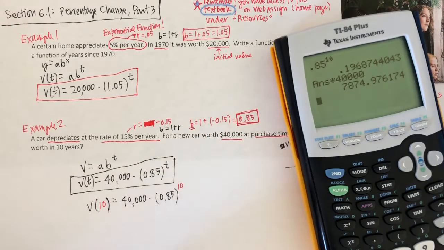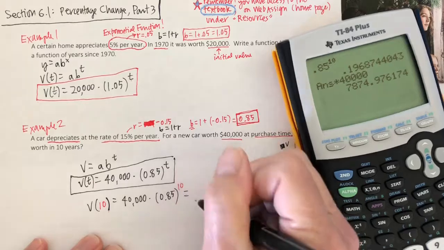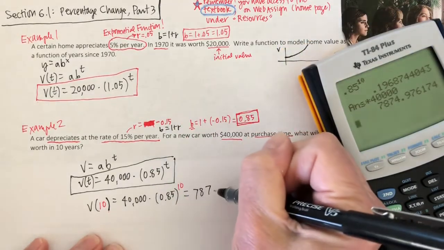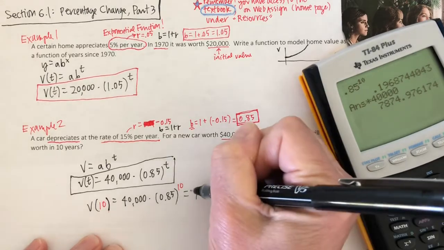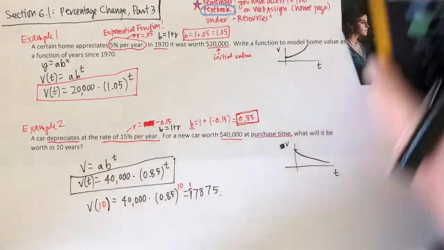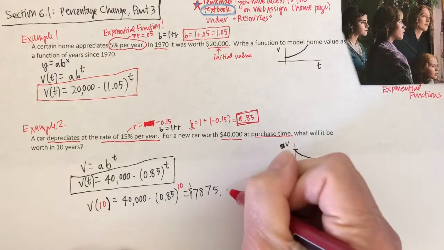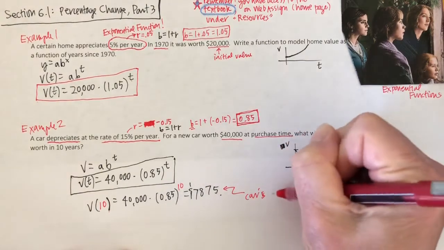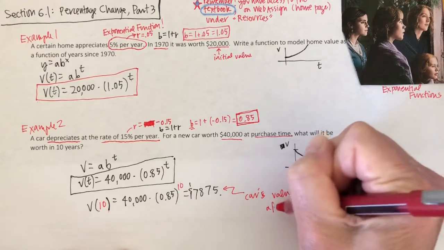Okay, so after 10 years, the car is only worth 7,875. We'll round to the nearest dollar. So that's the car's value after 10 years.